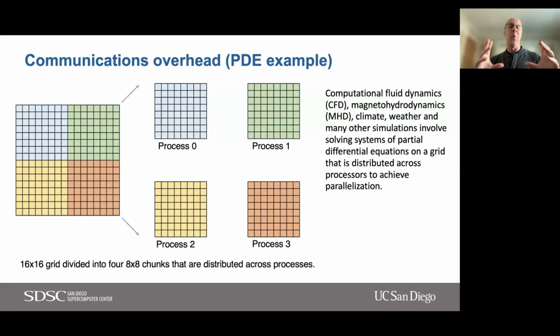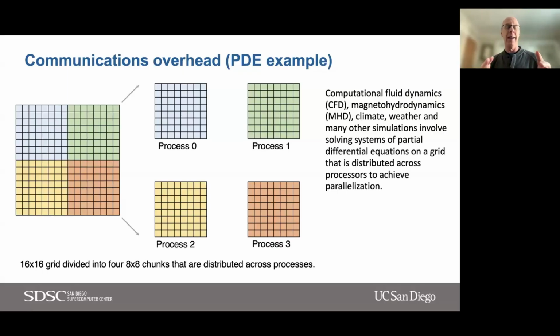You're often going to take your computational domain and convert it into a grid of cells, and if we're trying to parallelize this, we are going to take a portion of that grid and assign it to different processes. So this is an unrealistically small problem. We're never going to use a supercomputer or parallel computing for a 16 by 16 grid, but just imagine that we're going to scale this up.